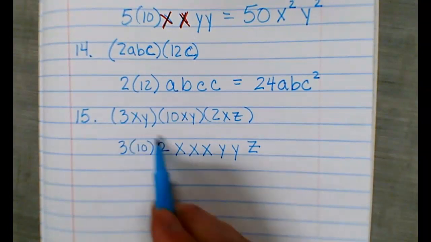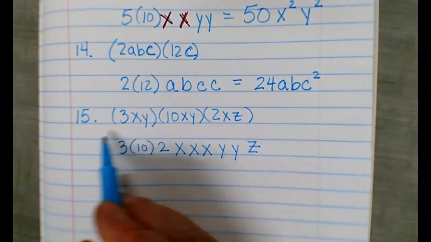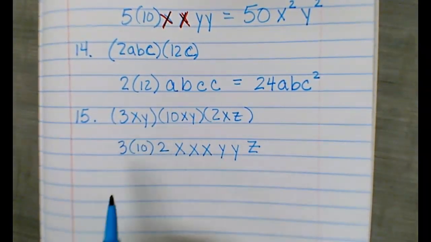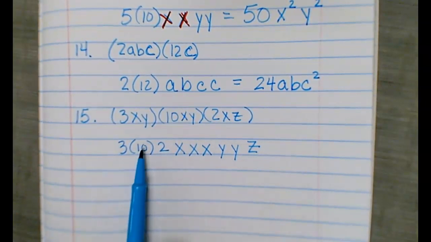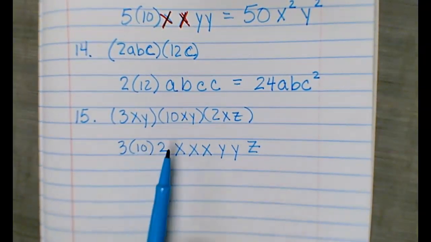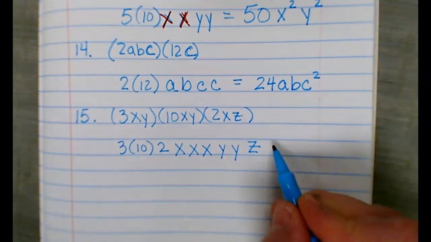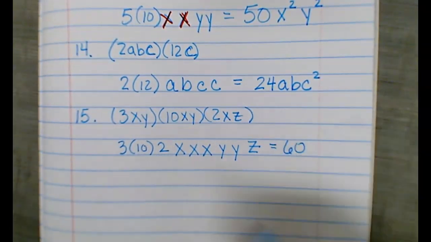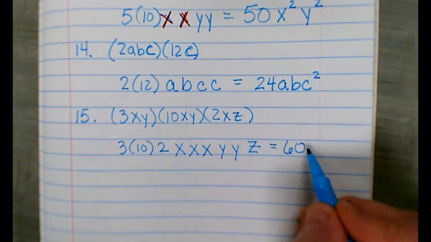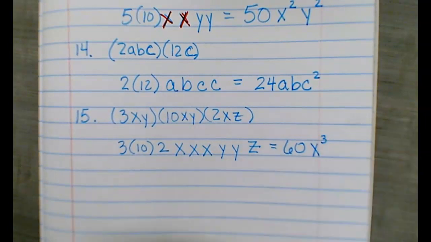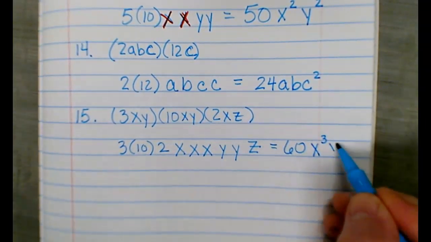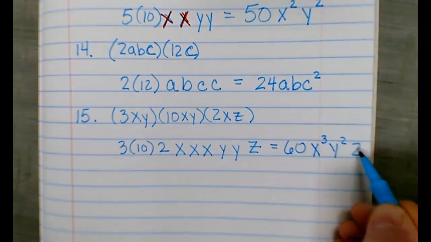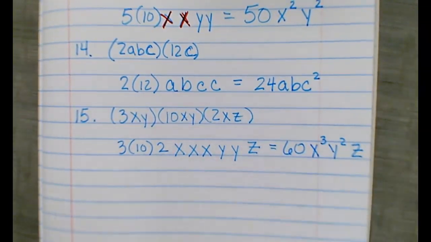Now this is not distributive because there's no adding signs in between it. 3 times 10 is 30. 30 times 2 is 60. So this is 60. X times x times x, do we know that's x to the third power? Y times y is y squared, and then a z.